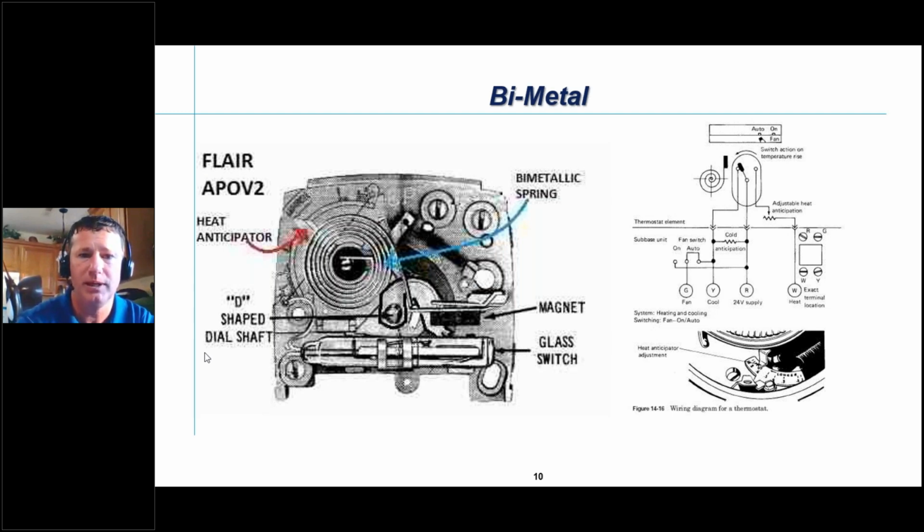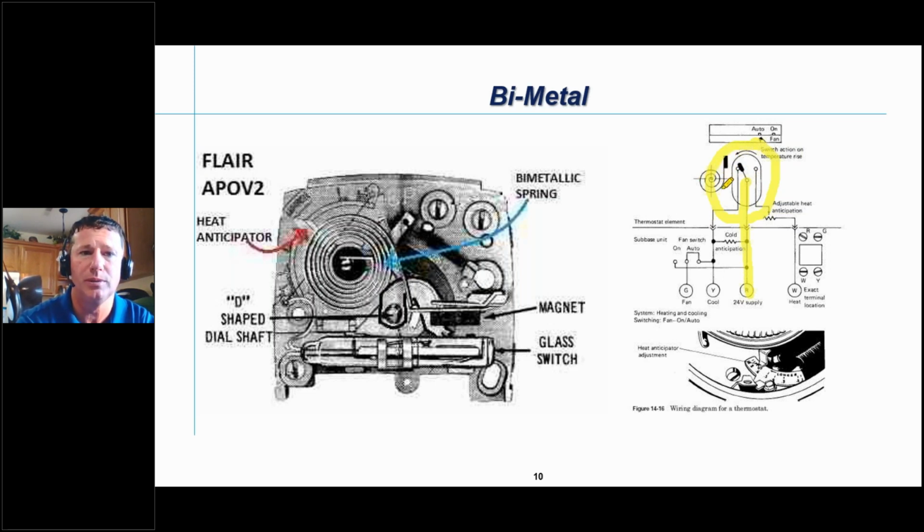A bimetal switch simply used, if we look at the switch itself, had R coming in, so we had a supply of 24 volts coming in to the contact point, and it had a magnet that was actually on our spring coil.